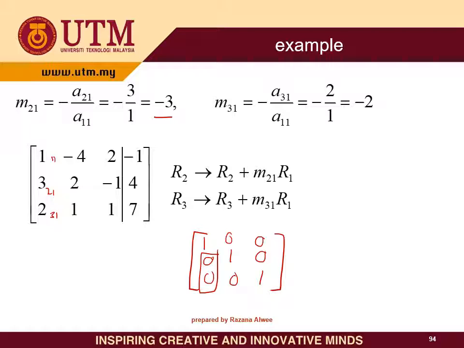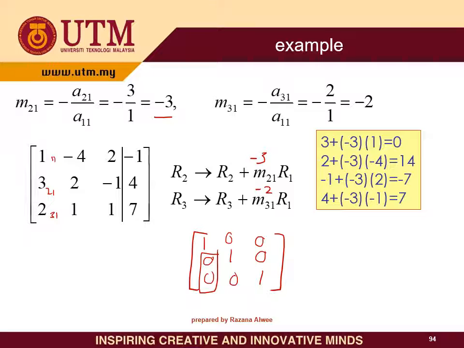This is for 2 1. For 3 1, 2 divided by 1, so we will get negative 2. So the new R2 and R3: this one is for R2, negative 3 times R1.